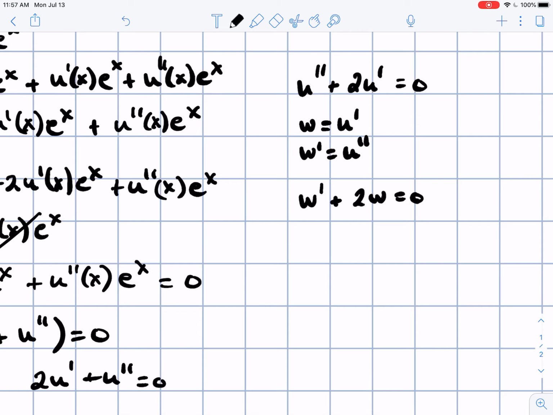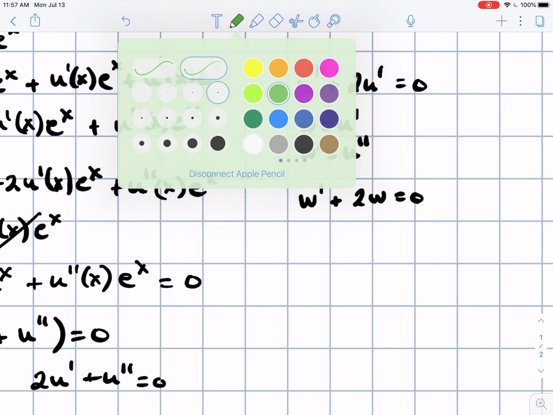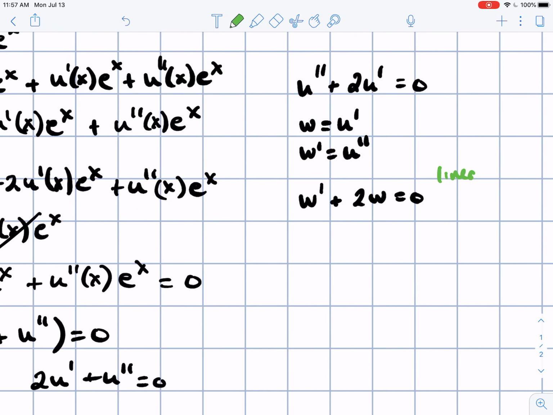Okay, so you go from basically substituting in twice, trying to get an easier problem, and you can see that this equation right here is linear.